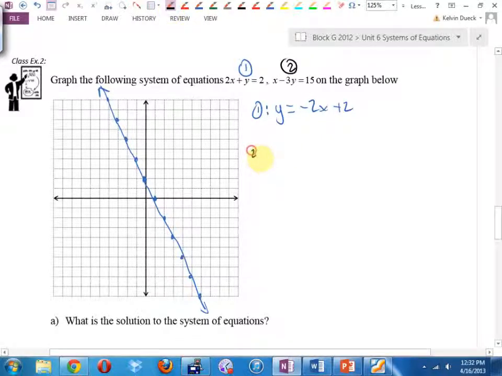Let's rewrite equation 2. The first thing I would do is subtract x from both sides, and I'll get negative 3y equals negative x plus 15. Grayson, have I got the y by itself yet? No, how would I get the y by itself?